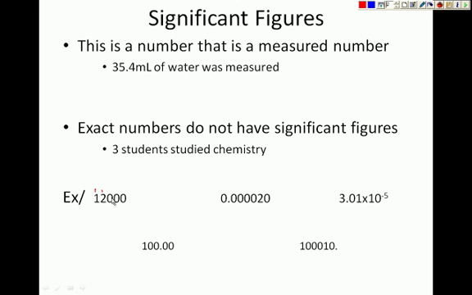We use zeros as insignificant numbers. An example would be a fossil, and we said that fossil is 65 million years old. Okay, so the 6 and the 5 are significant, and then all of those other zeros are insignificant figures. Okay, so getting back to 12,000, we have 2 numbers that are important, and these 3 are insignificant. So this would have 2 sig figs.